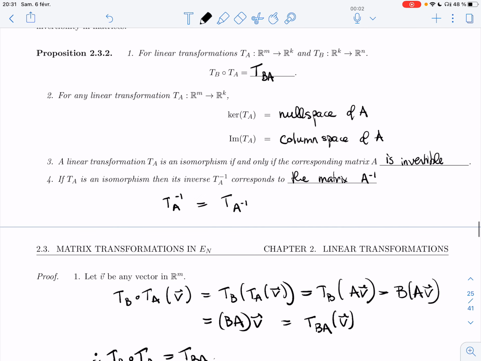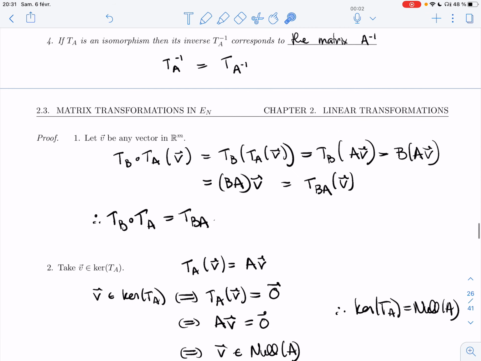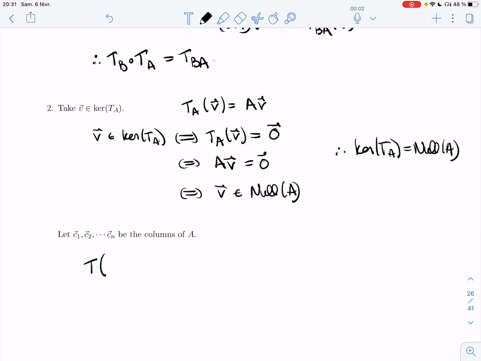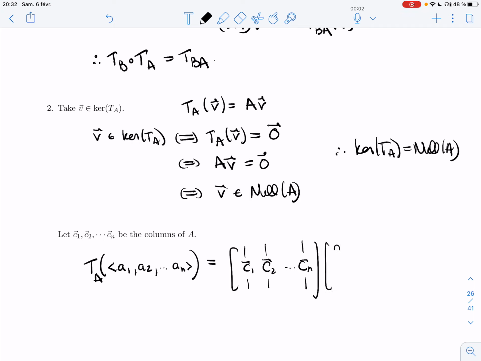All right, the final thing I'll prove for you is that the image of T_A is the column space of A. So I'm going to take c_1 through c_n to be the columns of A, and I'm going to figure out what the image of an element like this is. If I apply T_A, that's multiplying A, while I have the columns of A, times the vector.